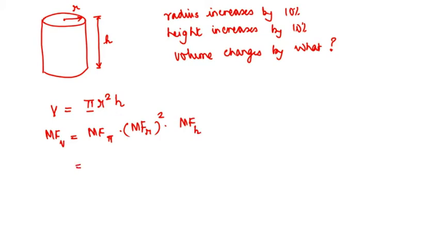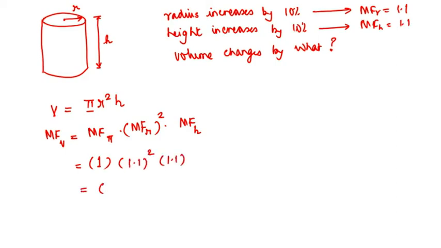Pi is a constant, so its multiplying factor is 1. Multiplying factor of radius is 1.1, and of height is 1.1. So this becomes 1.1 the whole square into 1.1, that is 1.1 the whole cube, which is 1.331.